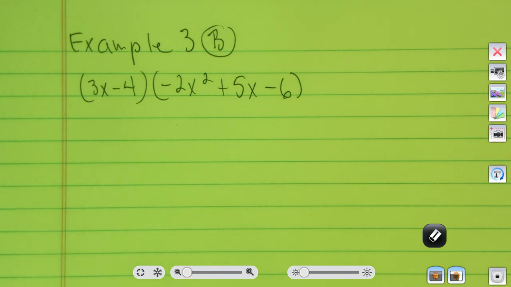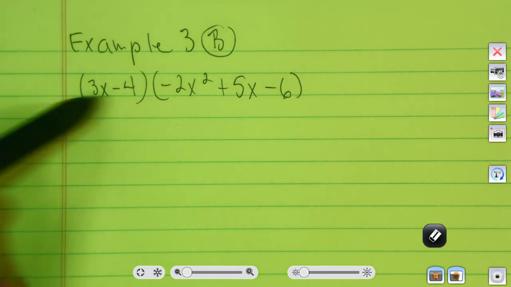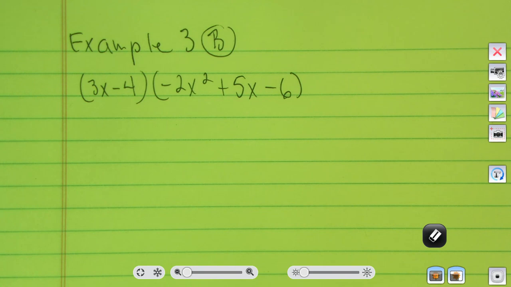So let me let you try that one, okay? Go ahead and distribute 3x all the way through, and then the negative 4. We'll check your answer in a moment.